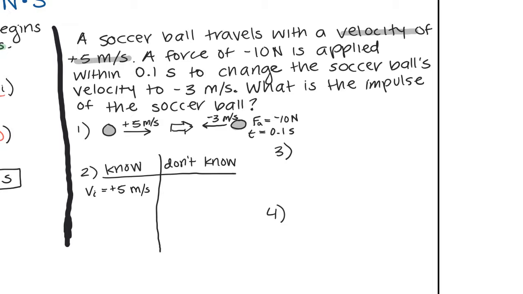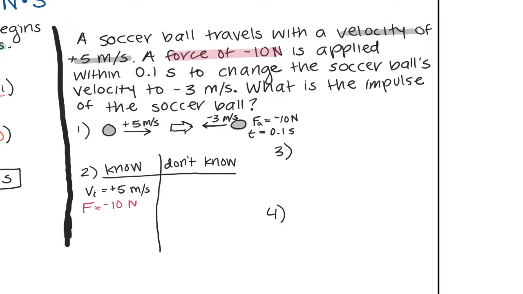And then we have a force of negative 10 newtons. So we've got a new variable here, force. I'm going to write capital F for force, negative 10 newtons, is applied within 0.1 seconds.